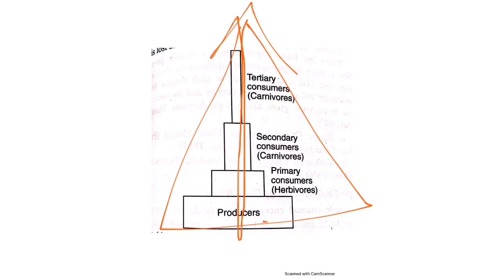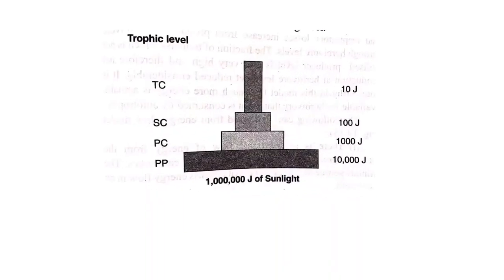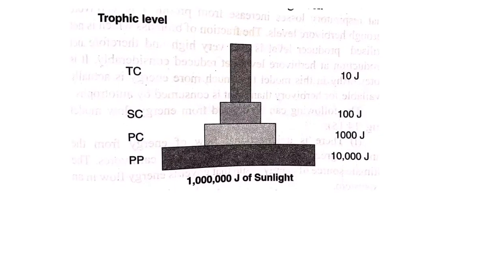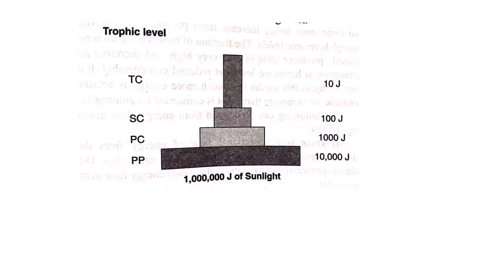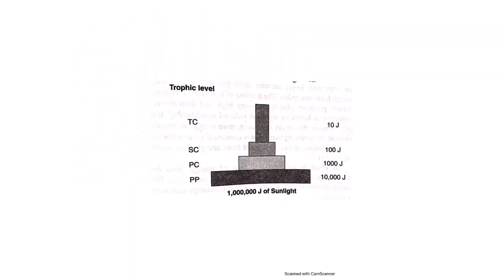From producers it is 100%, then it moves to 10%. See here, there are 10,000 kilojoules of energy in producers, 1000 joules in consumers, 100 joules in secondary consumers, and 10 joules in tertiary consumers. So it is always an upright pyramid.